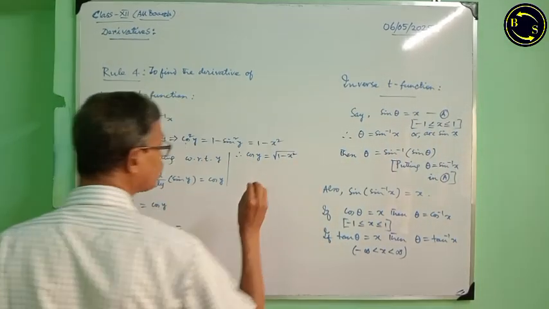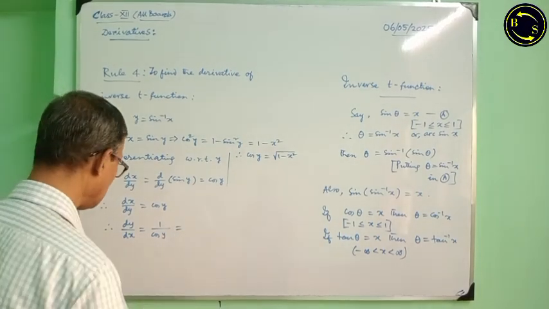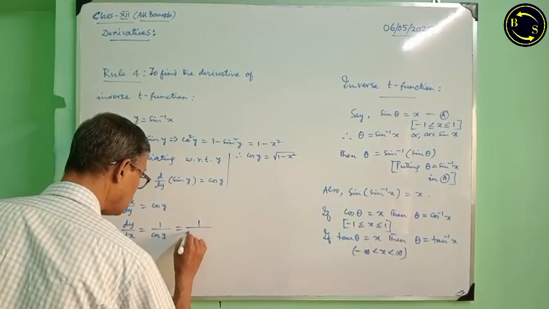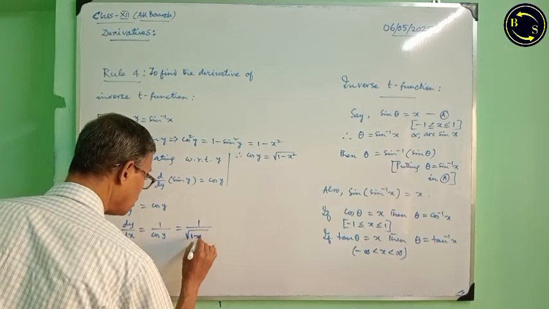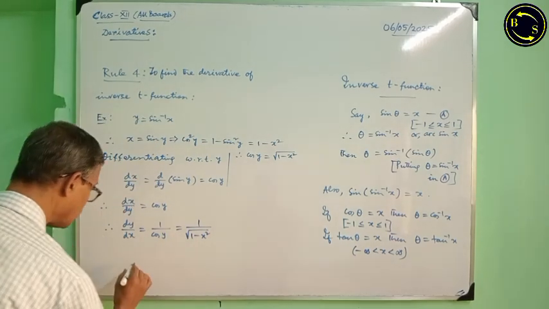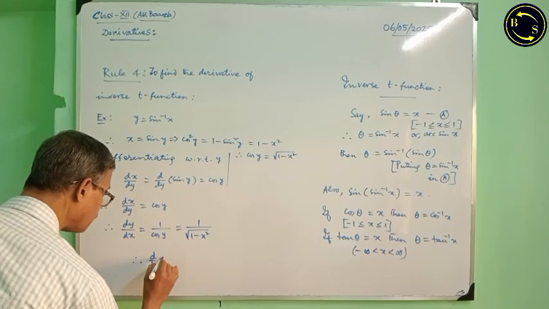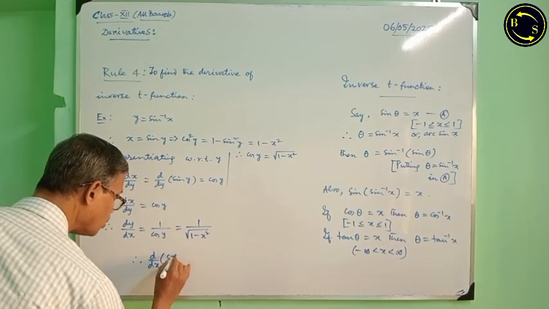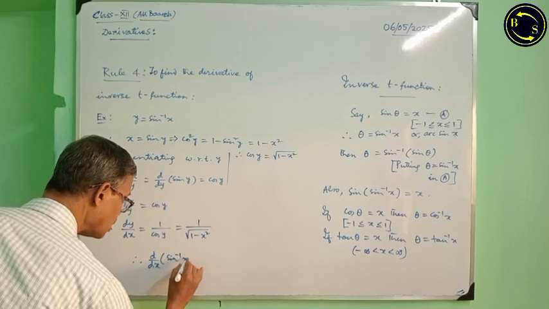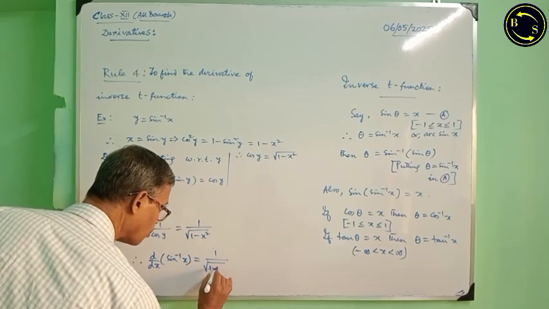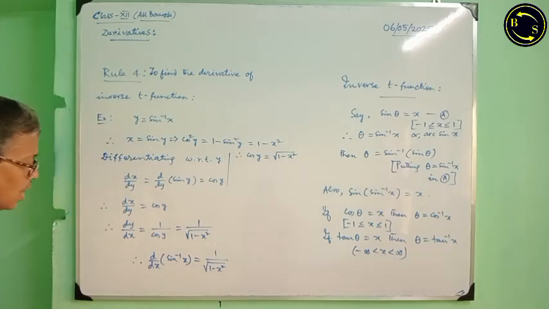Actually, positive acute angle sense we are applying, that is why, therefore, d/dx of sine inverse x is equal to 1 by square root 1 minus x square.